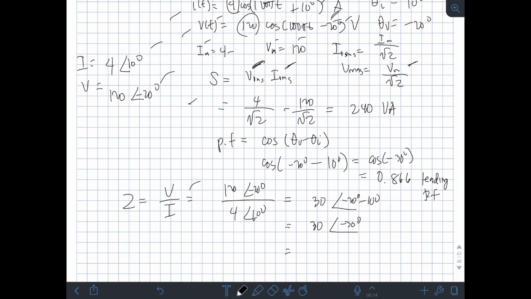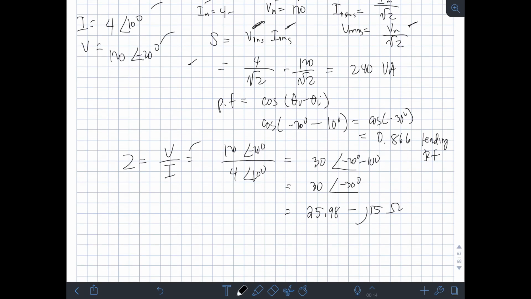So, gawin nating rectangular form para makuha natin yung pinaka-resistive at reactive components. So, anong makakompute natin dito sa calcu in complex mode? 25.98 minus j15 ohms. Okay, so therefore, yung resistive component ng impedance is 25.98 ohms, tapos yung reactive component niya is negative j15 ohm.